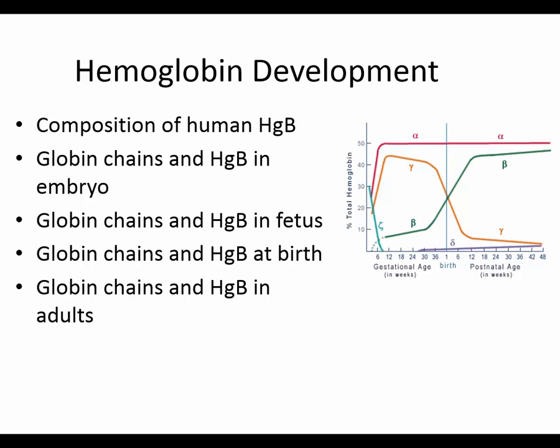So you can see that early on in the fetal age, alpha is going to go up and it's going to stay up for the rest of the person's life. Okay? But we also see that the beta is going to be very low during the fetal age. After you are born, within about 6 months, the beta is going to go up, and the gamma is going to come down. It's not going to disappear, but it's going to stay low. Everybody understand that pattern, right?